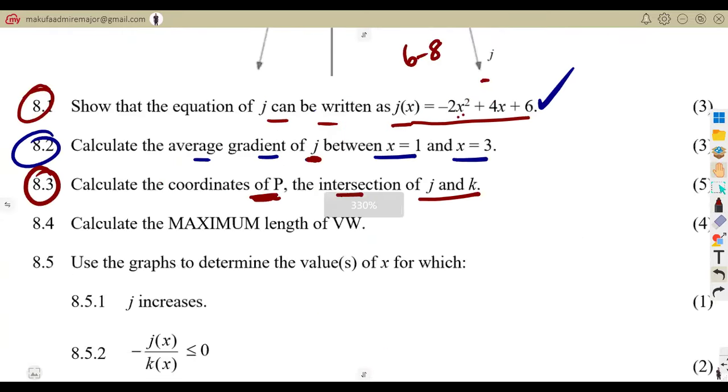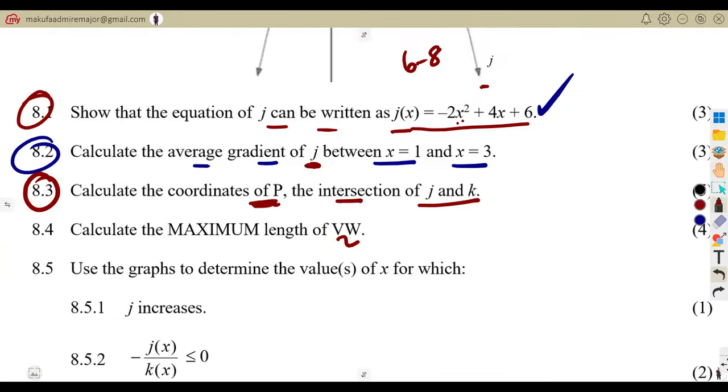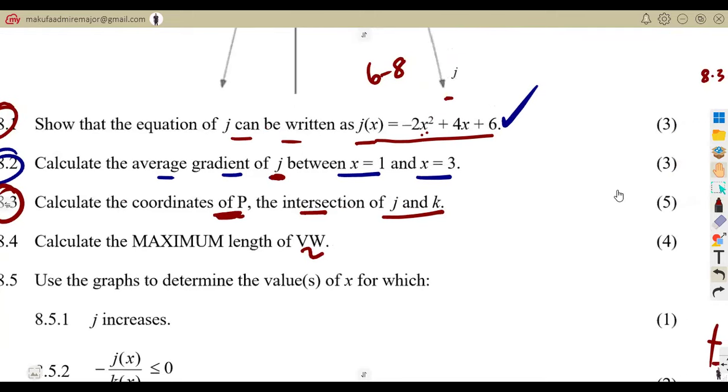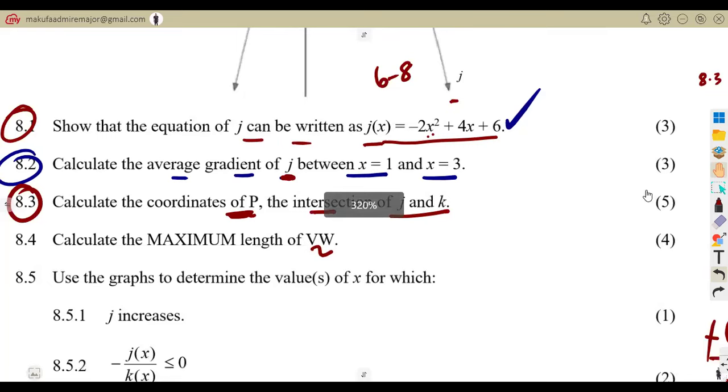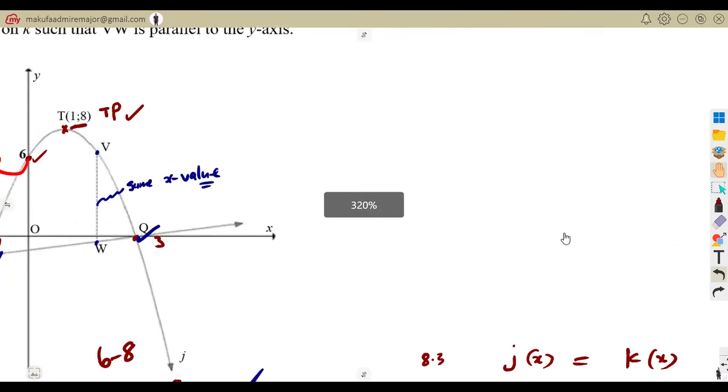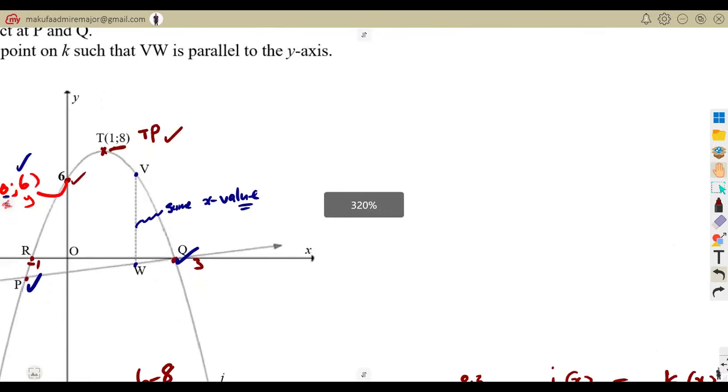If you can find or calculate VW, the maximum length, remember, at the maximum value, by the completing the square method, you can determine the maximum value. But if you check where the VW is, this is where we have the VW here.